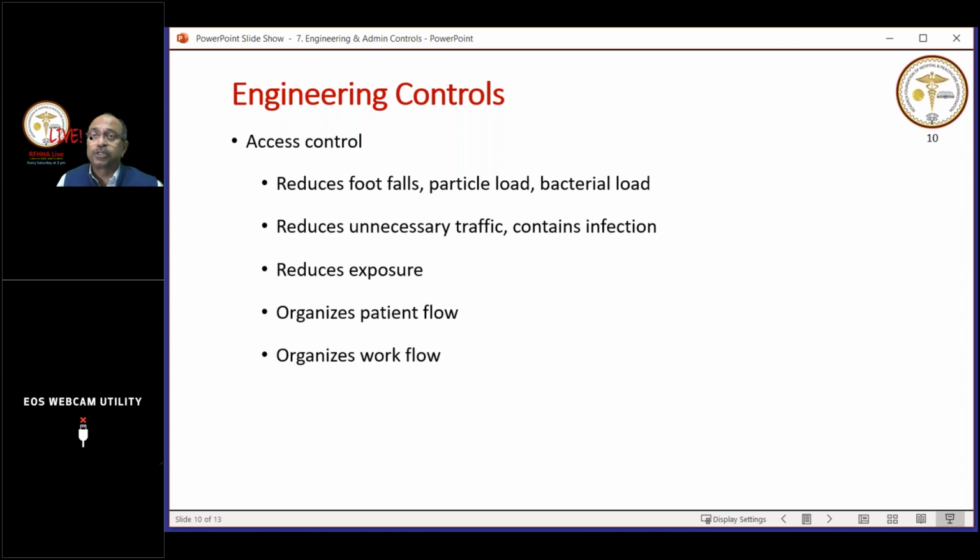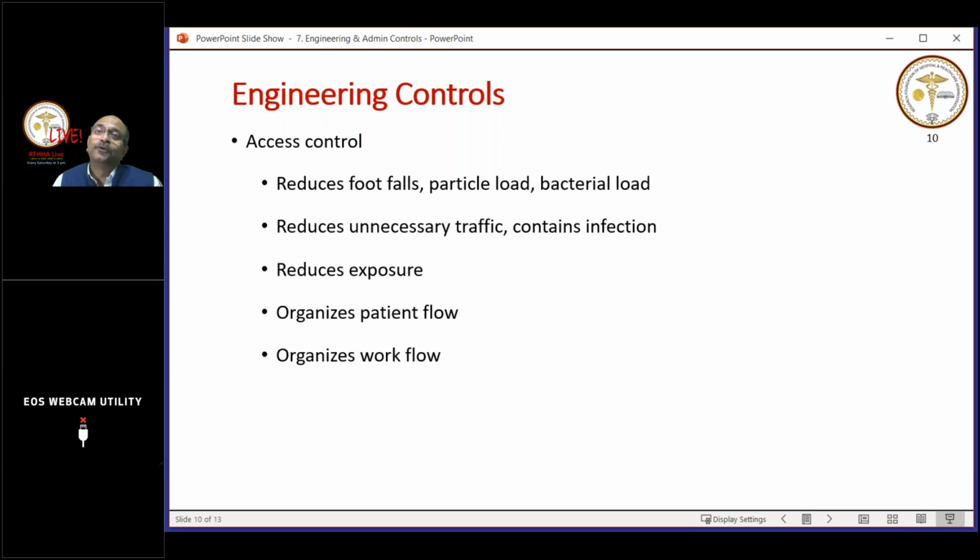Access control also organizes patient flow. An example here is that if you have a separate entry and exit in the operation theatre complex, then naturally it will make your patient flow and workflow better. In the CSSD and in the operation theatre, in fact not only in these two places but other places as well, in the CSSD, in the kitchen, in the operation theatre, the quality systems insist on a unidirectional flow.